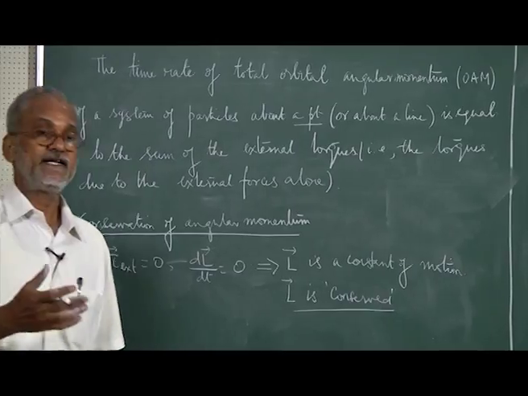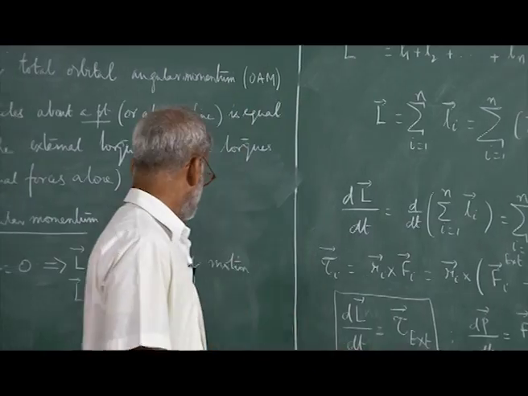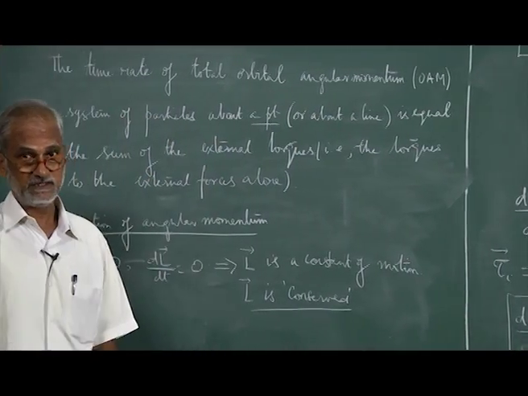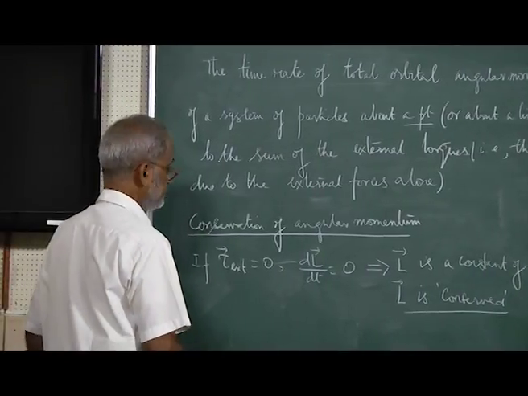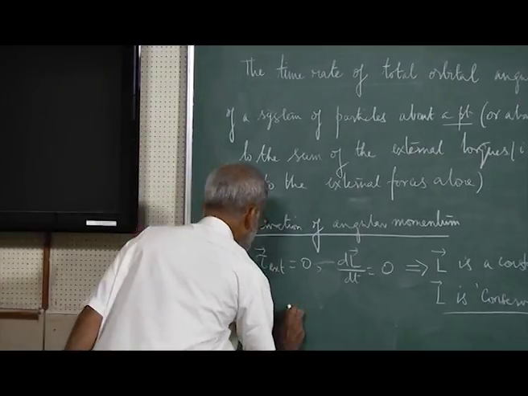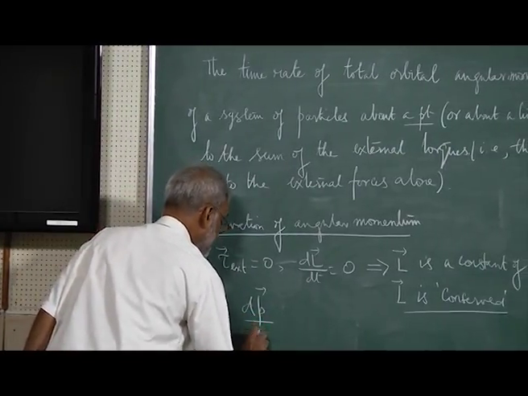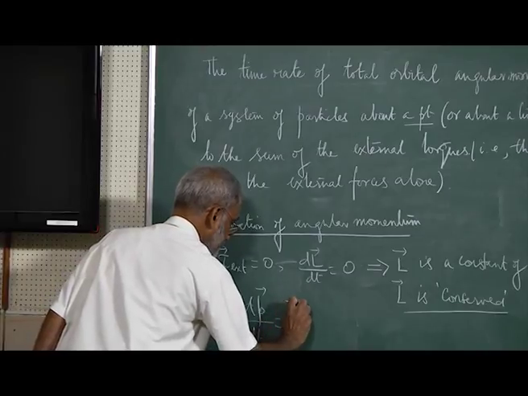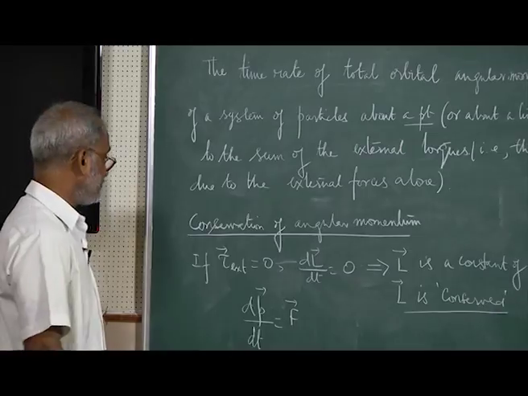Now, what is the natural question you would ask? You would like to compare this situation with the linear motion situation, right? So what do you have? dp by dt is what you call F, the force acting on it.